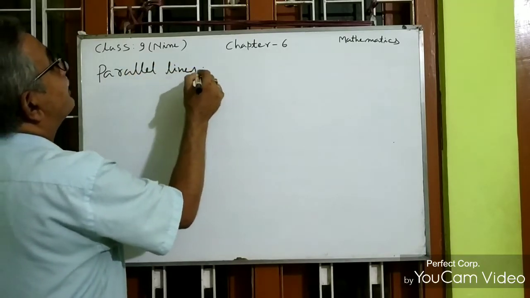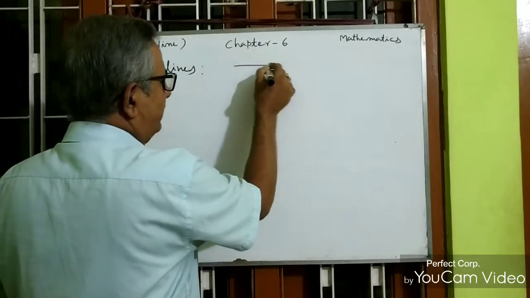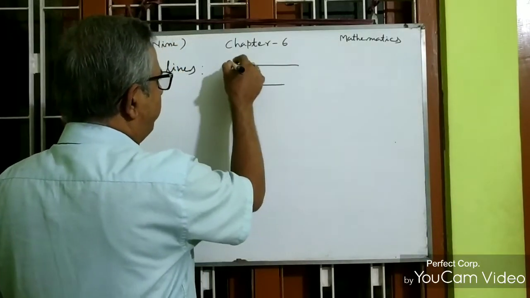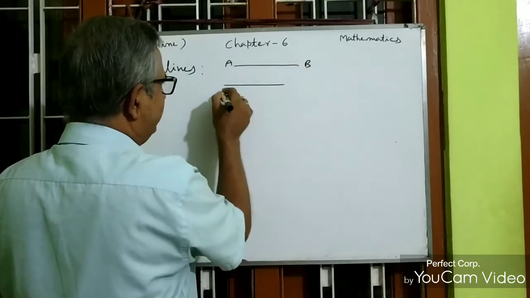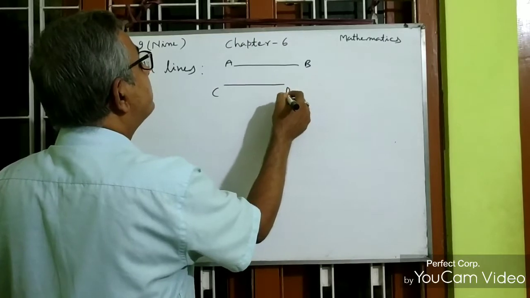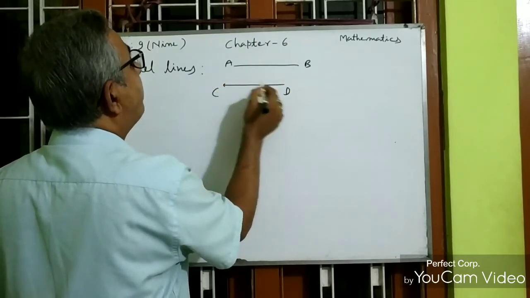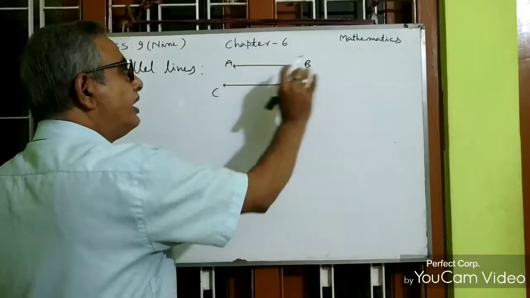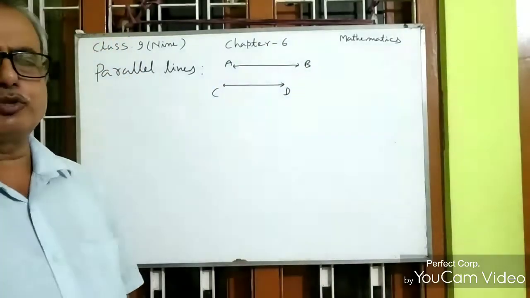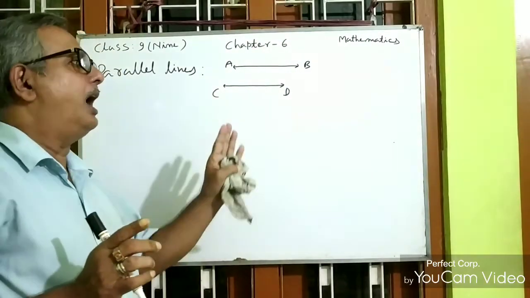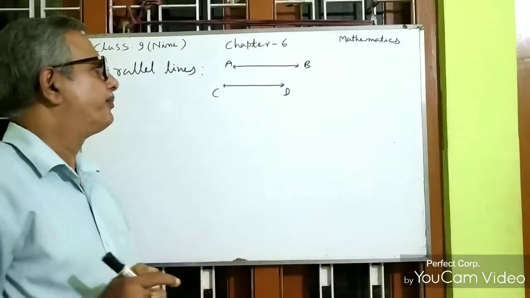Remember, this line and this line, they are parallel. Why are they parallel? Because they will never intersect each other in a plane. Even if you produce them, they will never intersect each other. So, two non-intersecting lines in a plane are called parallel lines.